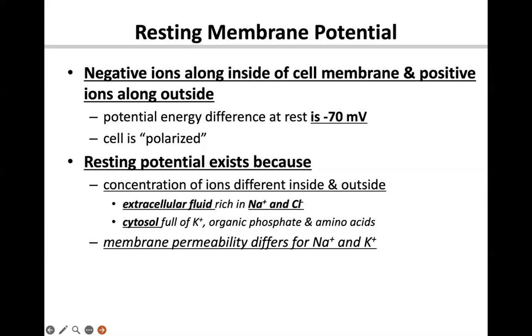Resting potential exists because of differences in ion concentration, with extracellular fluid rich in sodium and the cytosol or intracellular fluid rich in potassium, phosphate, and amino acids. Membrane permeability differs between sodium and potassium. We have learned that, and we now know that the resting membrane potential is a negative millivolt value.